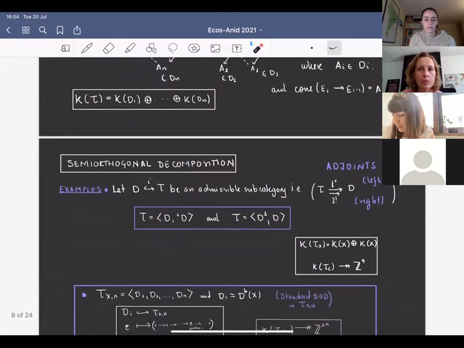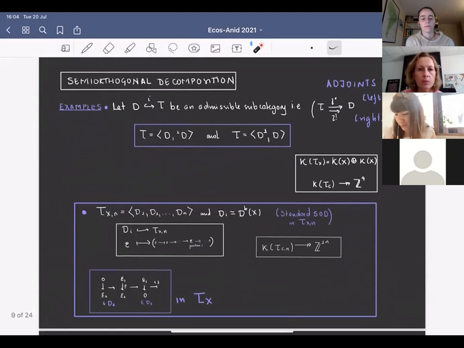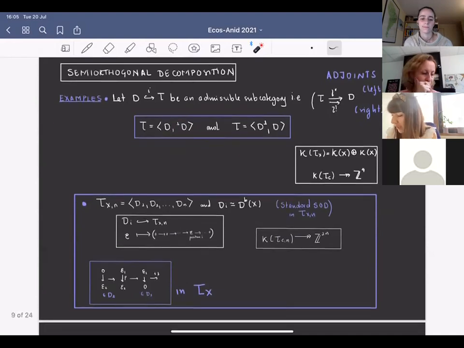Now the first examples of semi-orthogonal decompositions: the easiest example is when we have an admissible subcategory. We can take the orthogonals, either the left orthogonal or the right orthogonal, and we immediately get two semi-orthogonal decompositions. And the one that we care about is the standard semi-orthogonal decomposition.